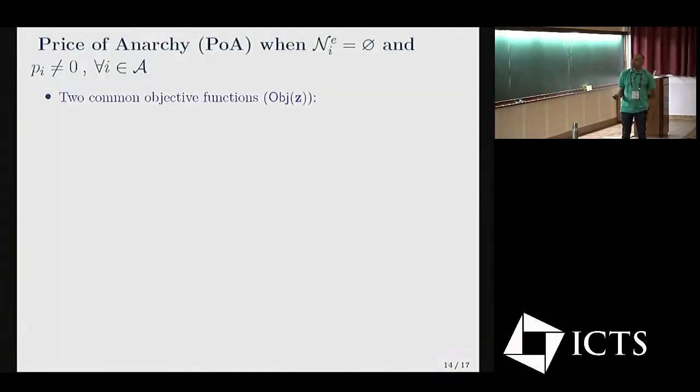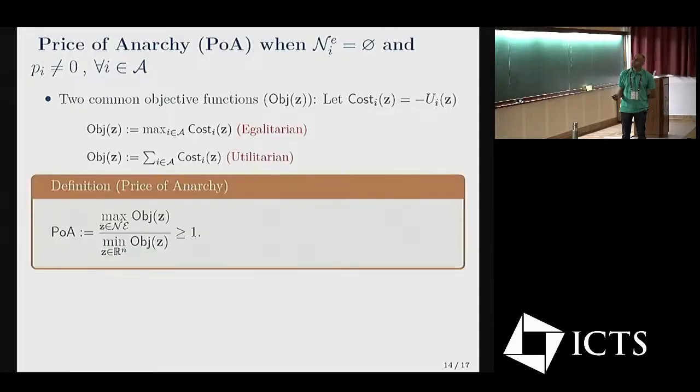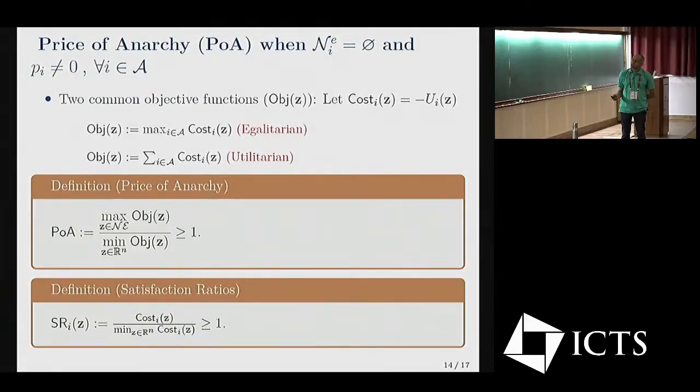We also did some price of anarchy analysis for these two objective functions, the egalitarian and utilitarian objective functions. We did this analysis based on the so-called satisfaction ratio. We define a satisfaction ratio for each agent given an opinion profile, in this way.